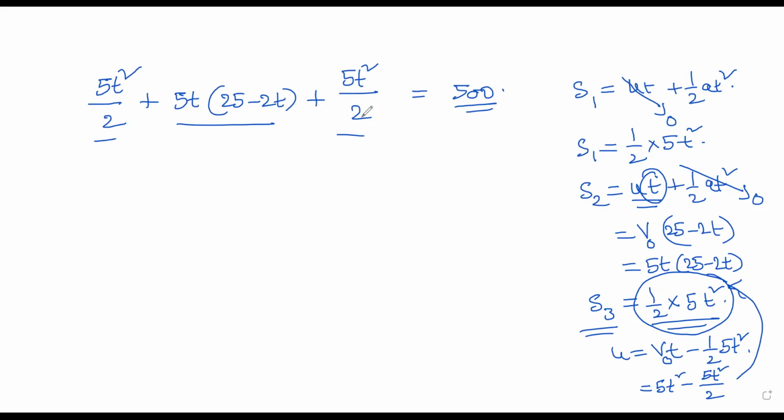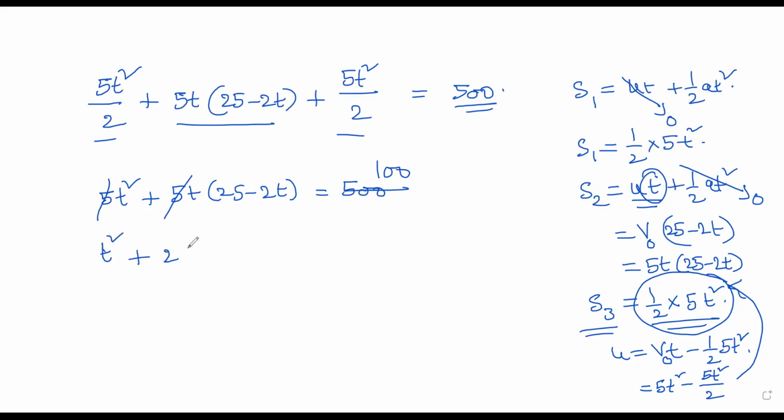So 5t square by 2 plus 5t square by 2 is nothing but 5t square, plus 5t into 25 minus 2t. This is what you have. That is equal to 500. Now what I do is I will cancel 5 on either side, so it will reduce our problem further. So t square plus t into 25 is 25t, and t into 2t is minus 2t square. That is equal to 100.